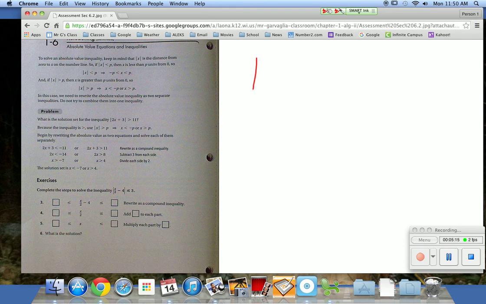I'm going to give you x over 2 minus 4, absolute value, is less than or equal to 3. All right. Now I've got my less than in there. I've got an inequality sitting in there. It doesn't change anything right here. We still take this one and go x over 2 minus 4 is less than or equal to 3.